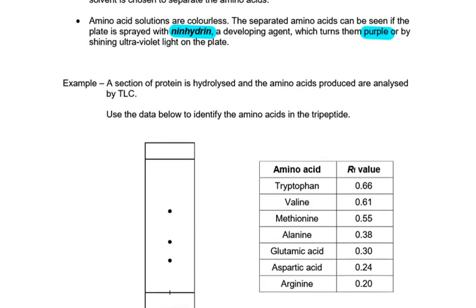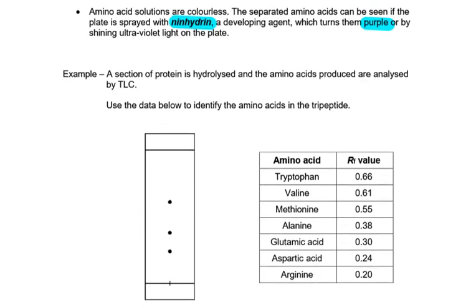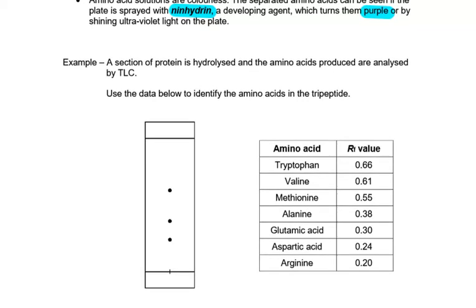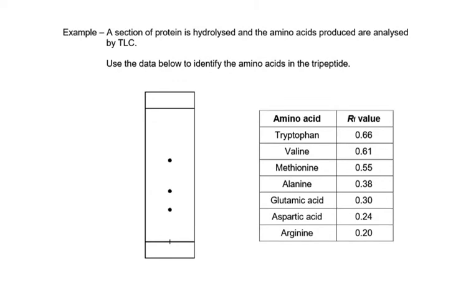So a protein was hydrolyzed, and the amino acids that it produced were analysed by TLC. So the spot of the hydrolysis mixture was placed at the bottom here. This is where we put the spot. So we put our product from hydrolysis here, and then we ran the plate.